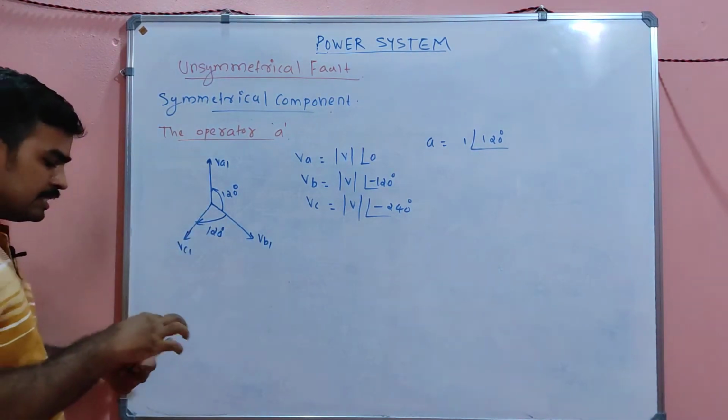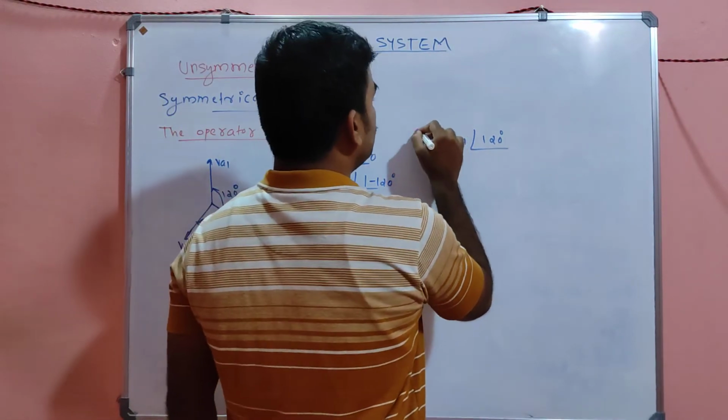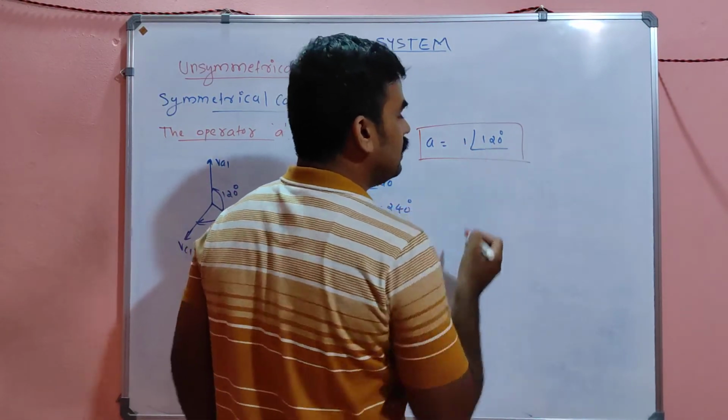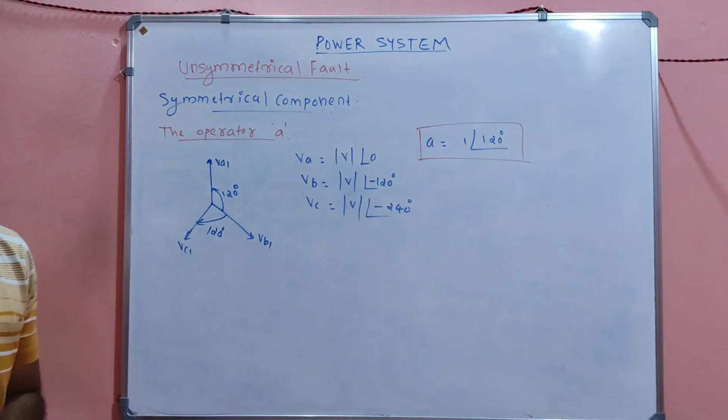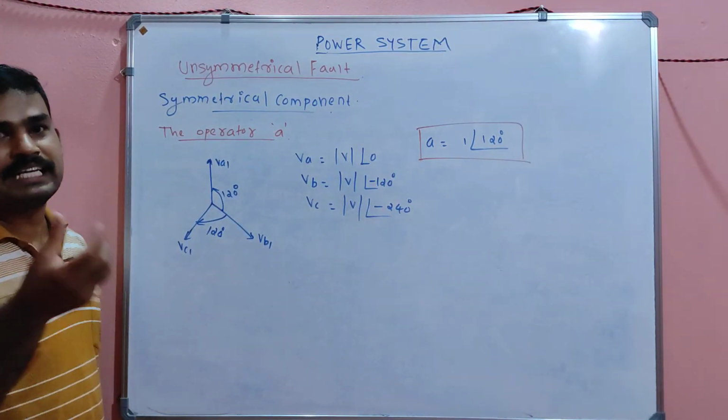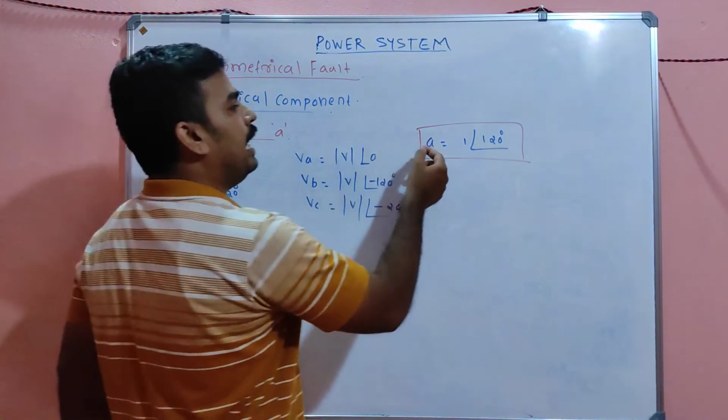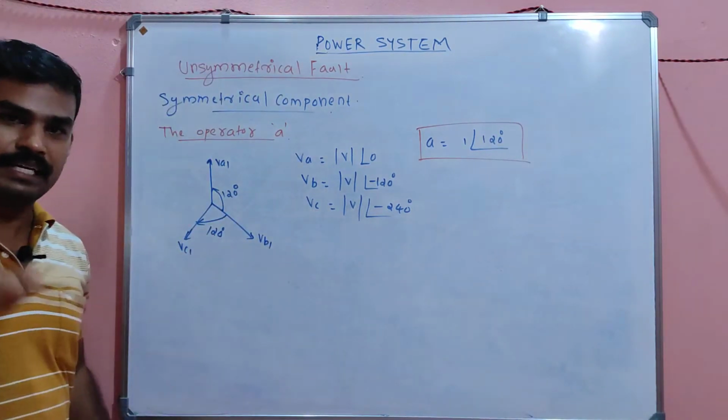A is the magnitude of one with phase angle 120 degree. It is an operator, my dear.